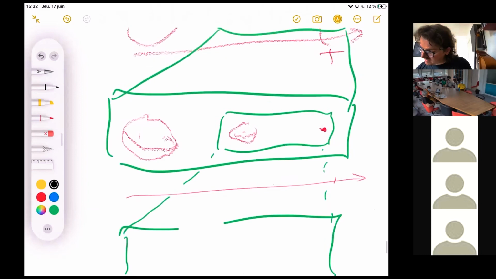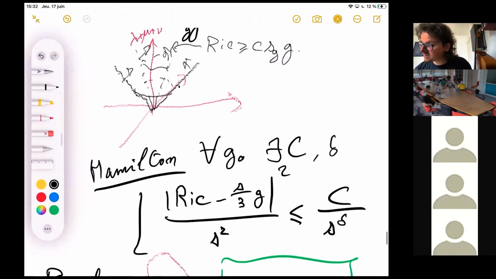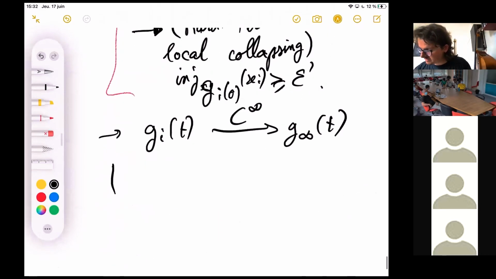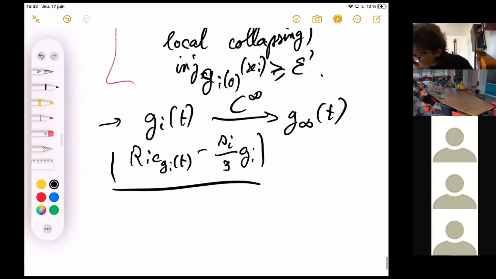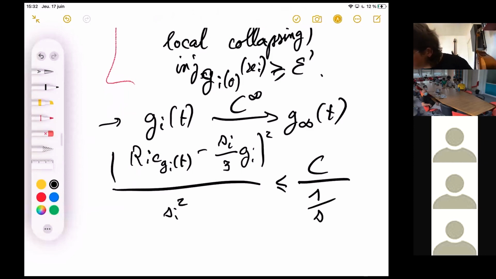But then, we said that this last estimate that we had was scale invariant, so what we get is that the norm of Ricci of gi of t minus si over 3 gi, squared over si squared, is less than c over s.